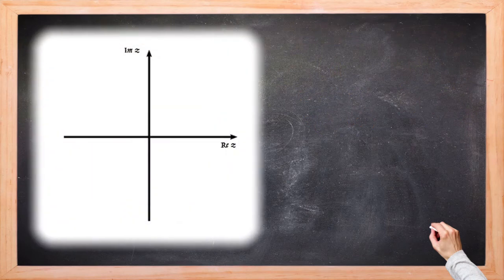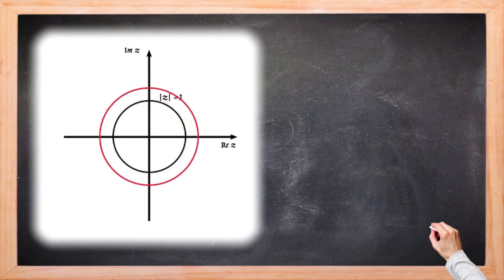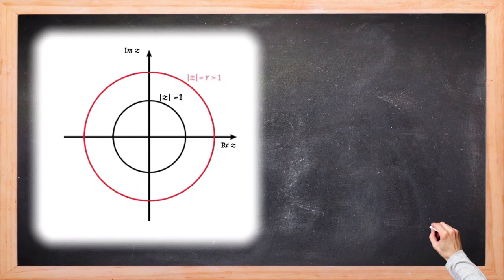So let's go back to all the complex numbers that lie on the unit circle and imagine that all their corresponding vectors multiply by r, where r is greater than 1, and we get this enlargement of the circle, and then multiplying all the corresponding vectors by r less than 1, we get a shrinking of that circle.